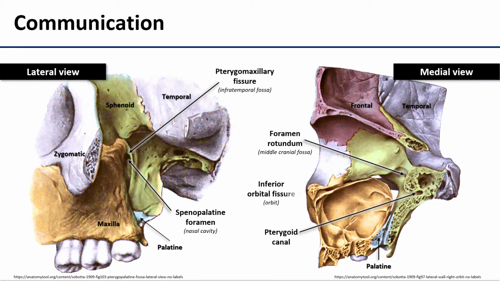All right, anteriorly here, we find the inferior orbital fissure, which will lead into the orbit and eventually out onto the midface. And inferiorly then, we're going to find the greater and lesser palatine canals, which are going to lead into the oral cavity.